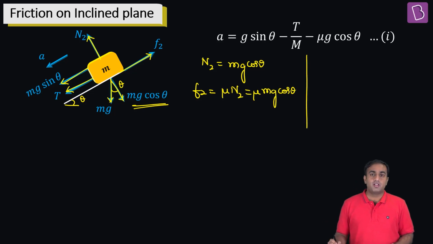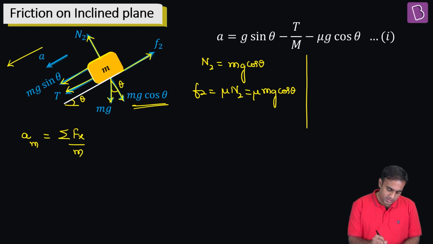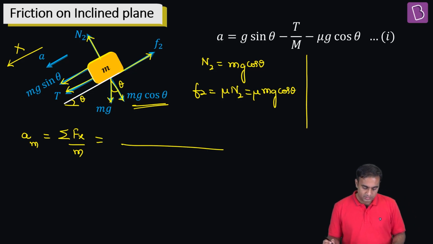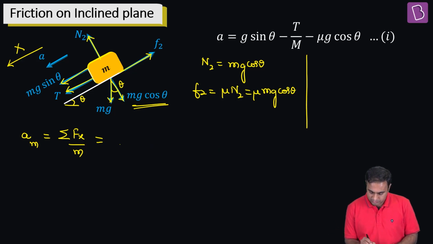Now, by the same principle, by applying Newton's second law, let us find the acceleration of small m. It is sigma Fx by small m. This is our positive x-axis. Let us consider all the forces along the positive x-axis to be positive and all the forces along the negative x-axis to be negative. What do we have along positive x-axis?